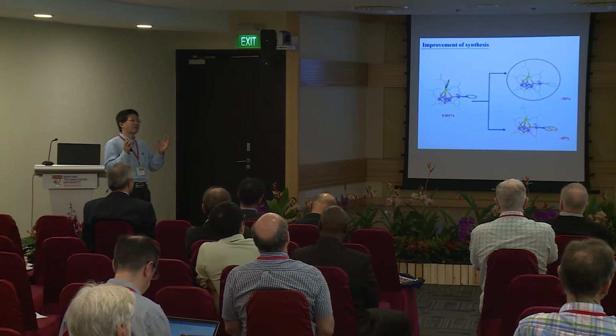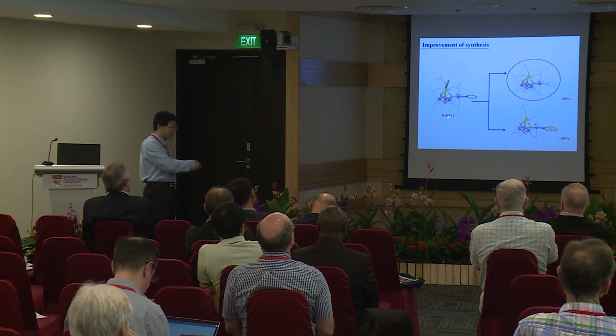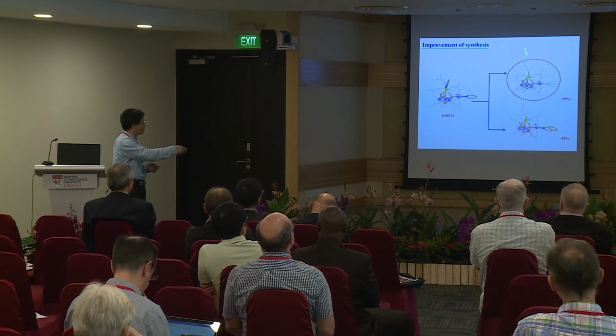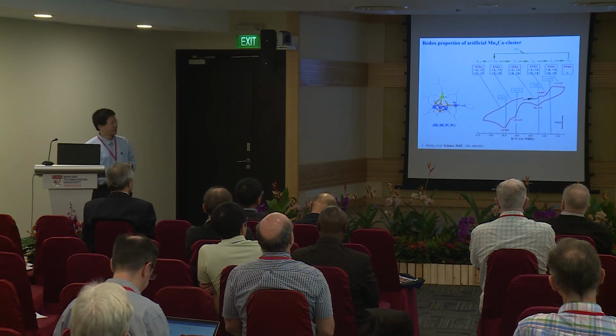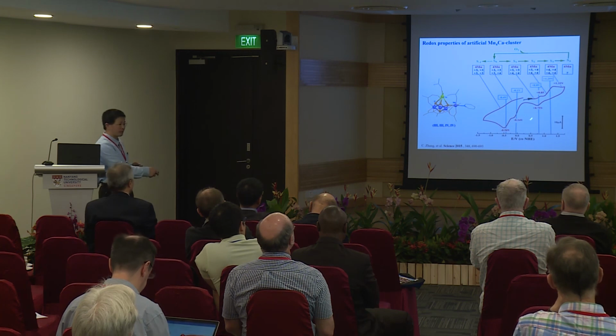After we understand what's going on in our system, we can make it better. At the beginning, the yield was 0.01%. Then we could get 50% of this model complex. And this model complex has very nice redox properties.